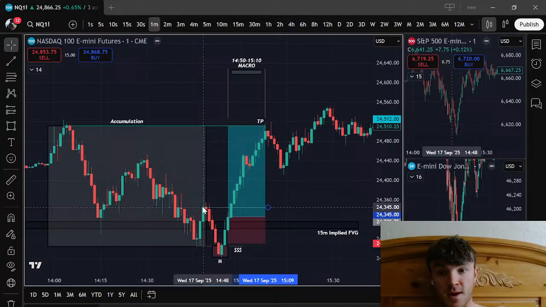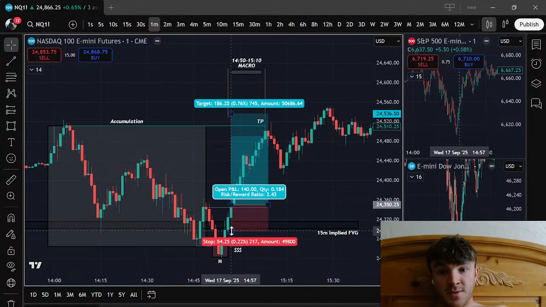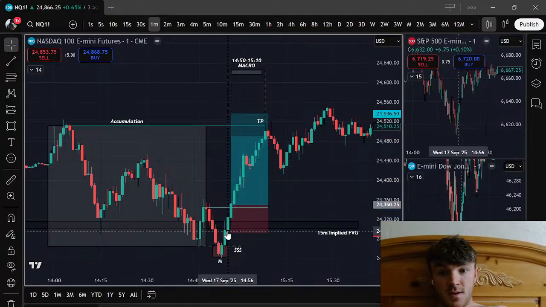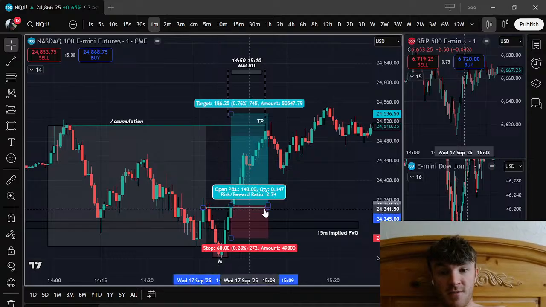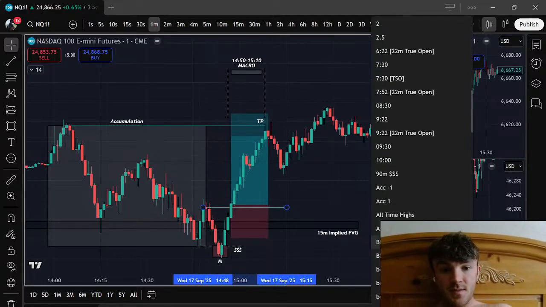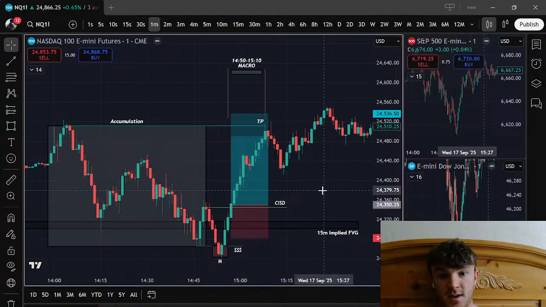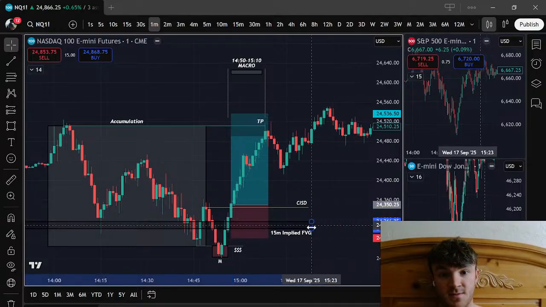That's what you pair with a 15-minute key level: a 1-minute change in state of delivery. Here we get change in state. And dude, that's clean, bro.